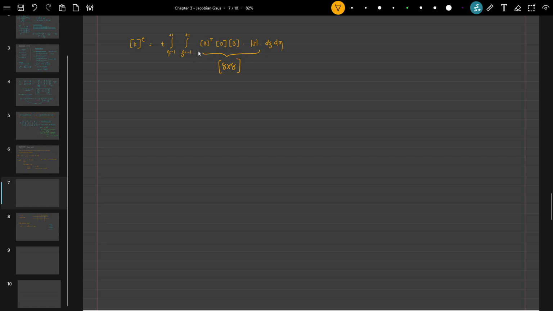We need to perform double integration over these 8 by 8 terms. What exactly Gauss quadrature does is convert this into a double summation over the 8 by 8 terms.